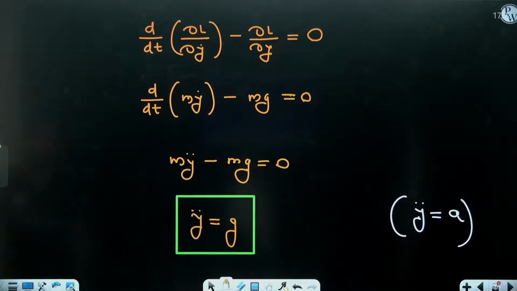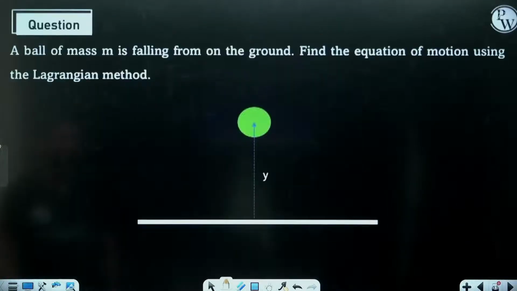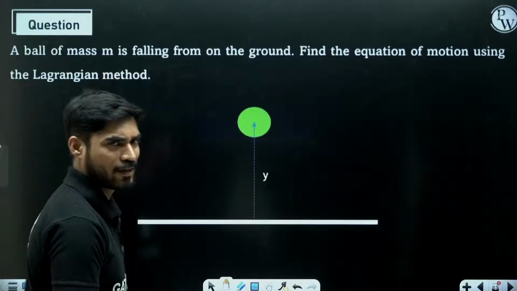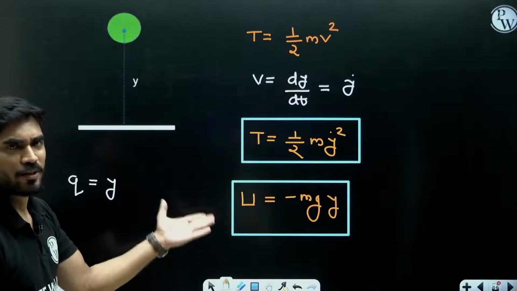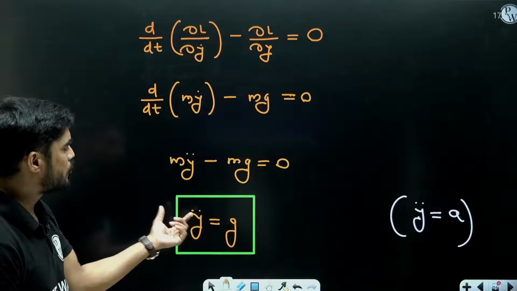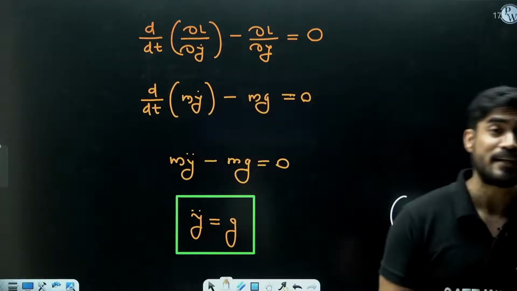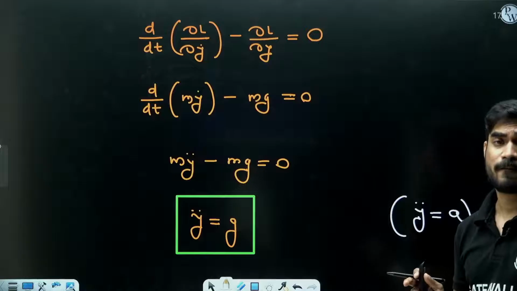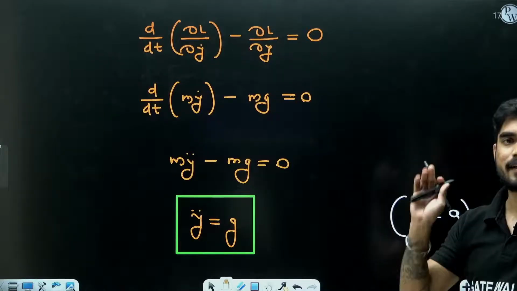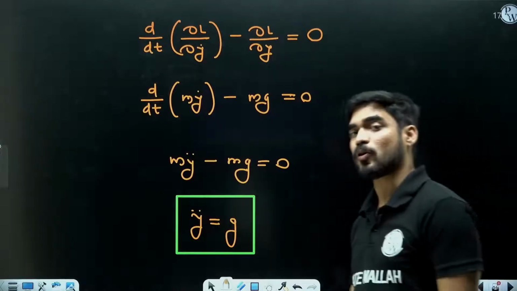Now don't say, sir, you were saying Lagrangian mechanics will be easier than Newtonian mechanics. Using Newtonian mechanics, we found a equals g in one single step, and here it took so many steps. I told you that in some problems, Lagrangian mechanics is better than Newtonian mechanics, not in all problems.